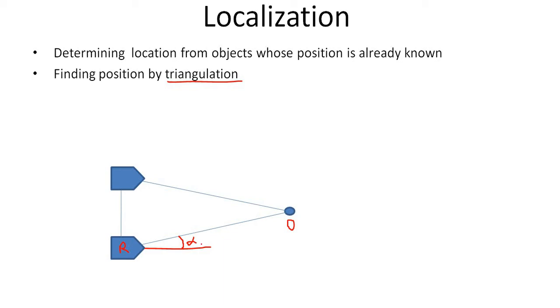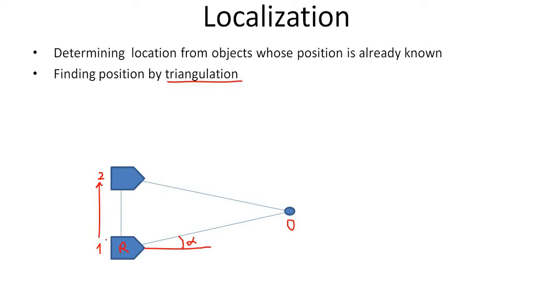And then the robot now needs a second measurement. For that, the robot will turn and go from position 1 to position 2. This is the same robot, not a second robot. It's the same robot that first took the measurement of alpha at position 1.